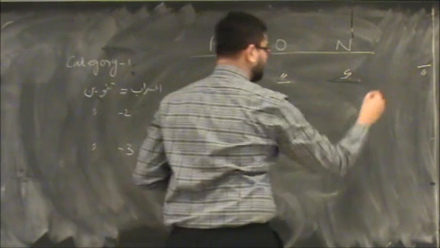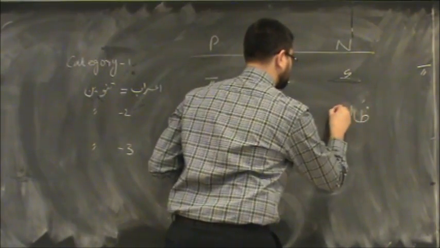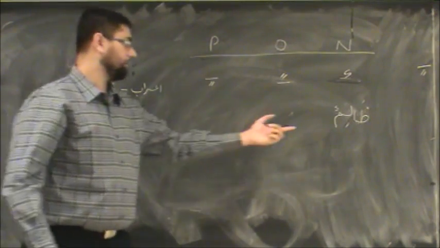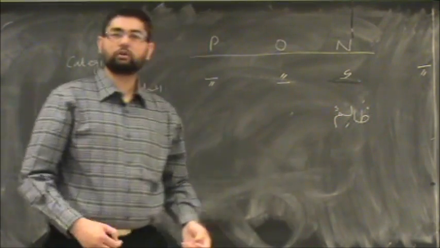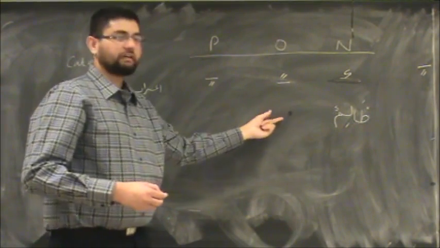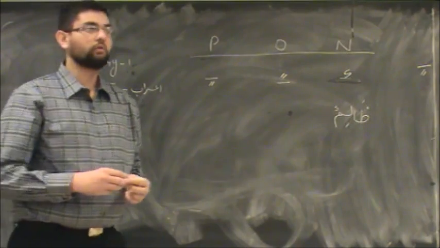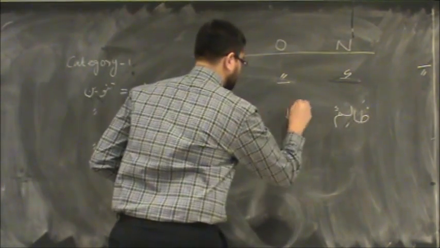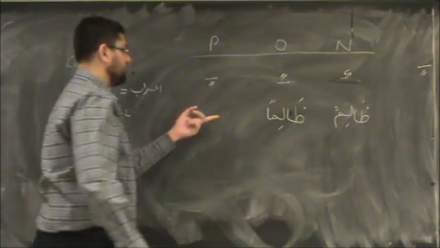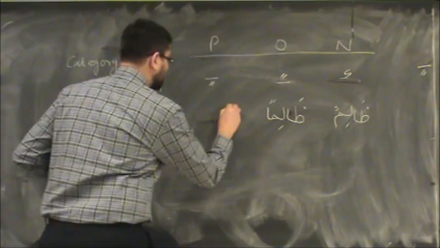For example, now if we have zalimun, we know that zalimun is nominative. And the translation is cruel, unjust. So when it changes to objective case, what does it become? Zaliman. And here, in possessive case, zalimin.